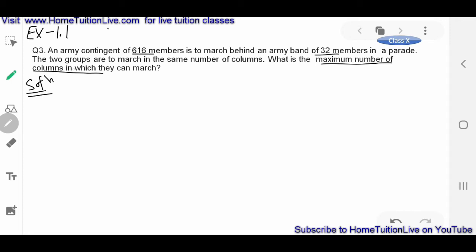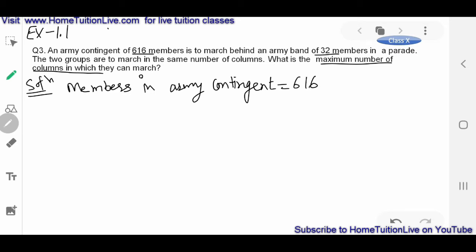So we have members in army contingent is 616.